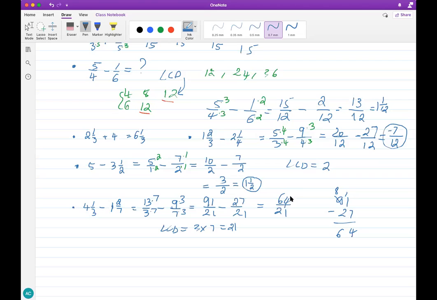Can we divide this number by 3? Yes. Hold on, did you say 6? Can we divide it by 3? No, I don't think you can. Why not?